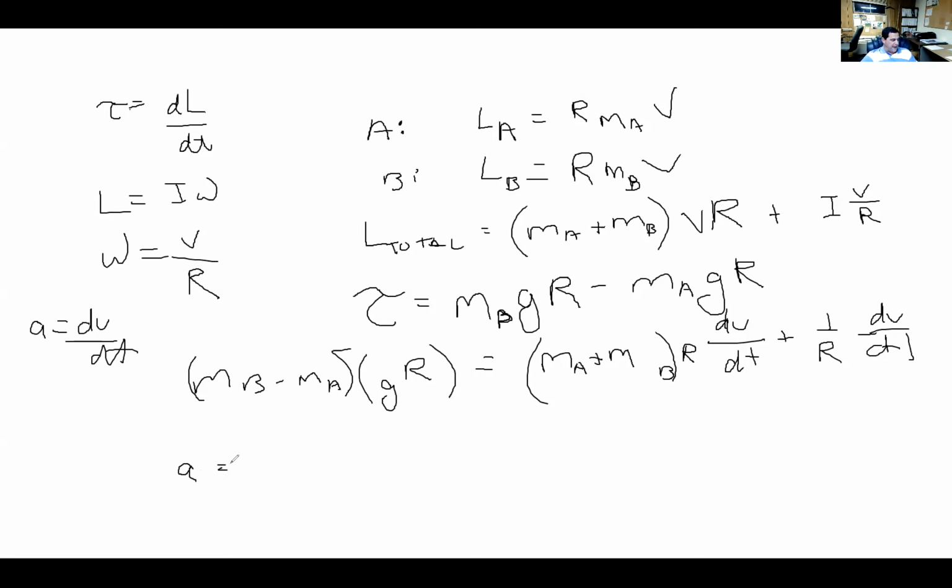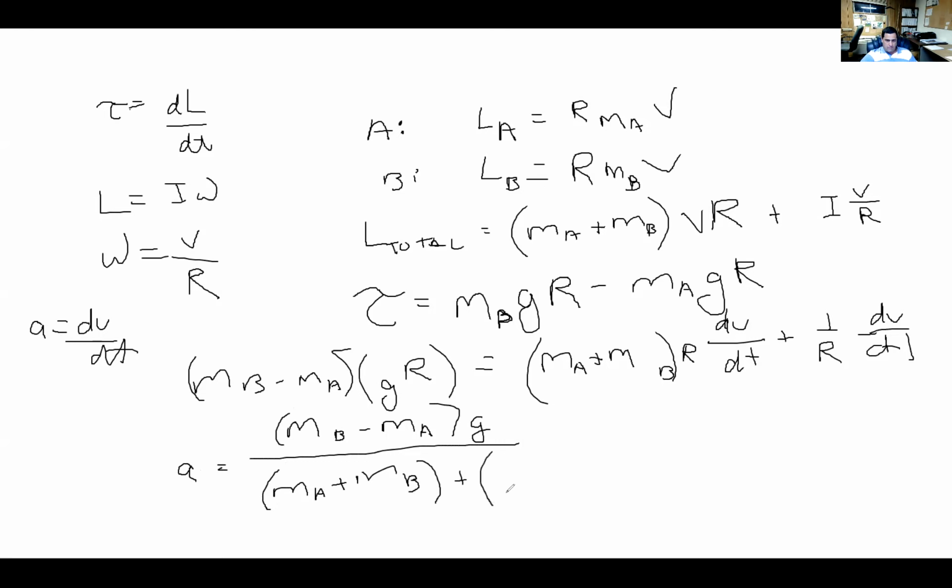Now, this is with moment of inertia. The acceleration is (MB minus MA), that quantity times G, divided by MA plus MB plus I over R squared.